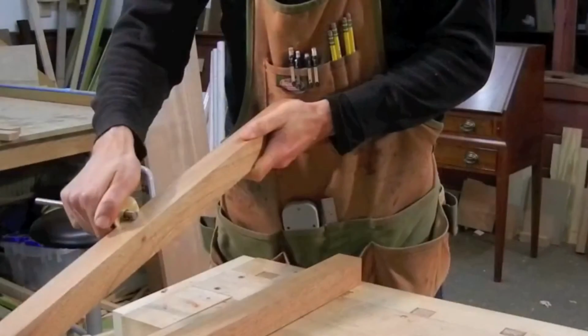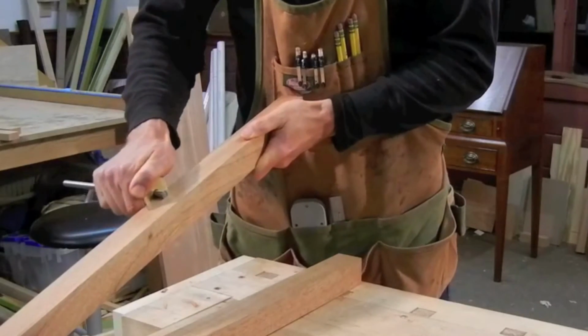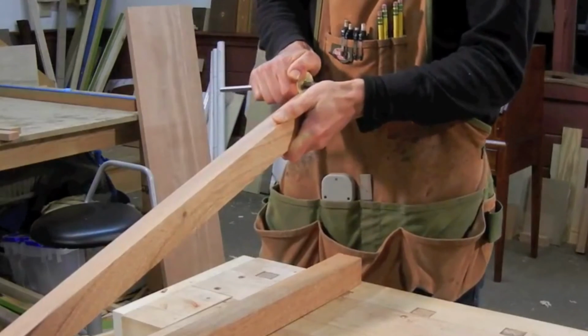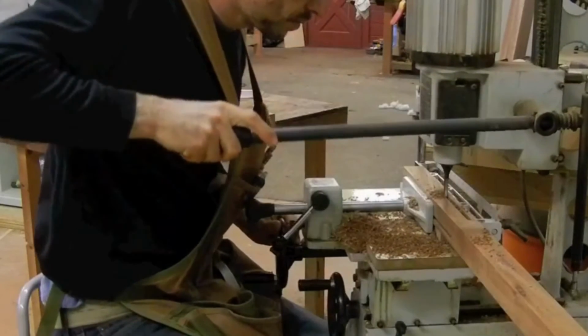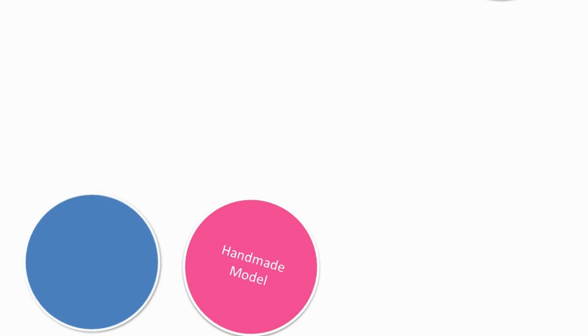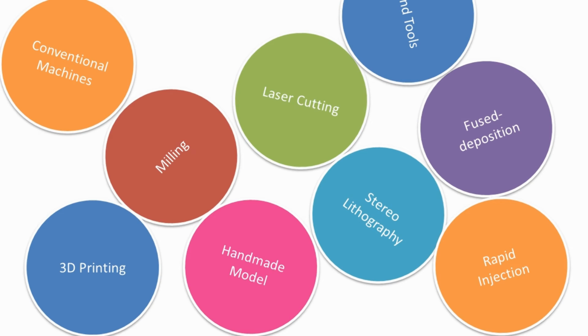Handmade model making includes hand tools and conventional machines. Designers need to control tools or machines by themselves. Compared with digital fabrication, this method is slow, but more flexible. Each fabrication method has its advantages, disadvantages, and unique characteristics.